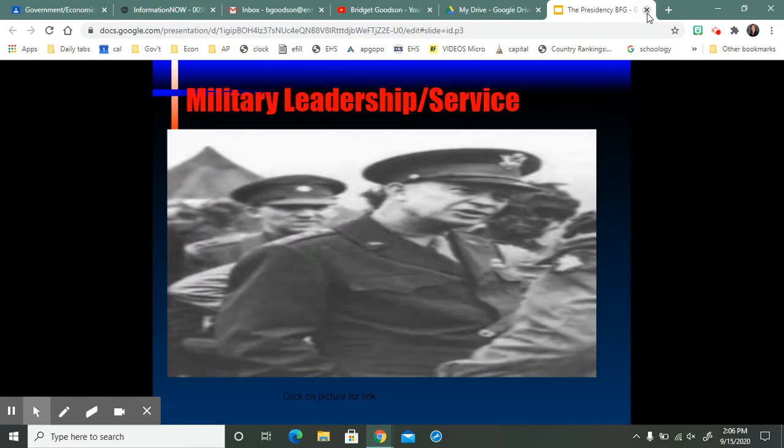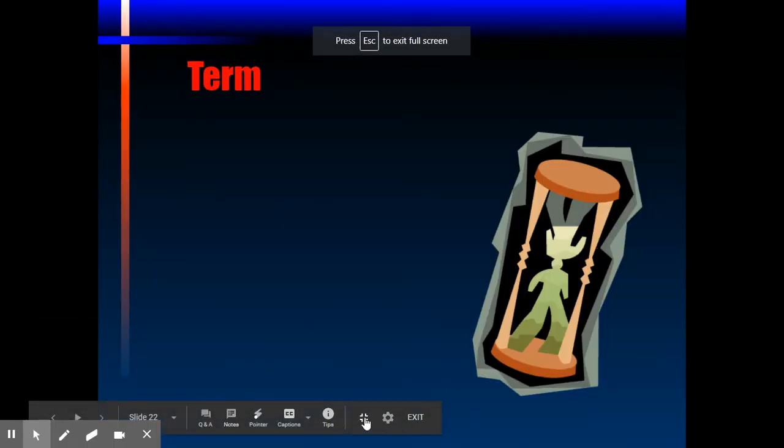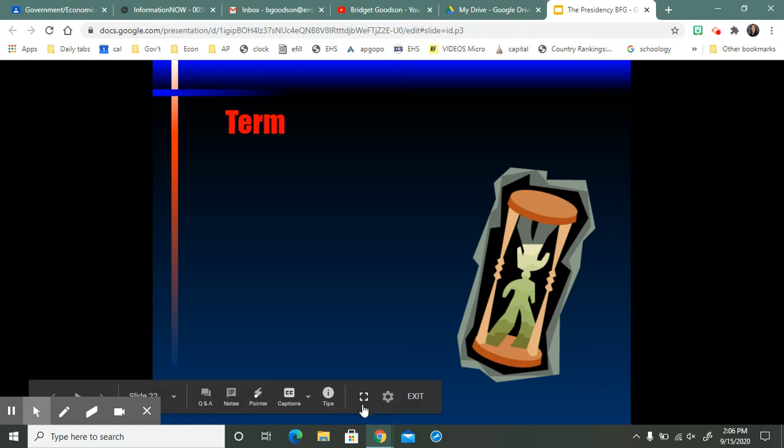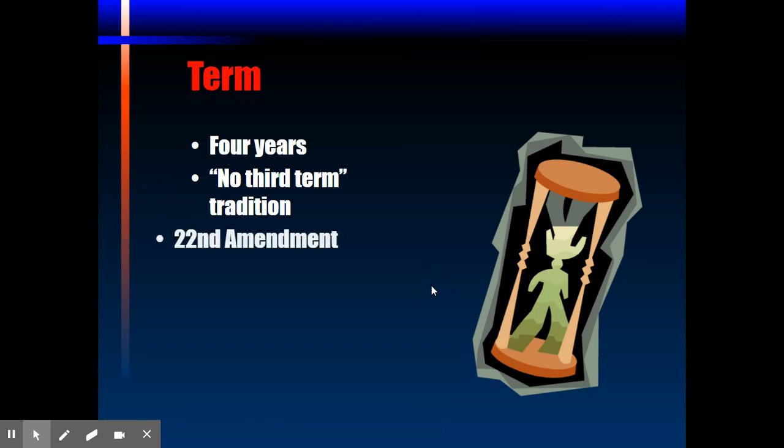Okay. All right. So let's see. I can get this to go back. Oops. Try that again. Okay. So term of office, we've already discussed this as well. 4-year terms. No third term tradition in the beginning. Remember, Washington served 2 terms, so everyone after that followed, or he set the precedent for 2 terms, up until, of course, FDR.